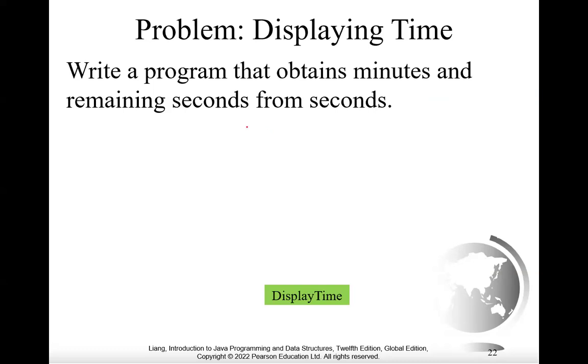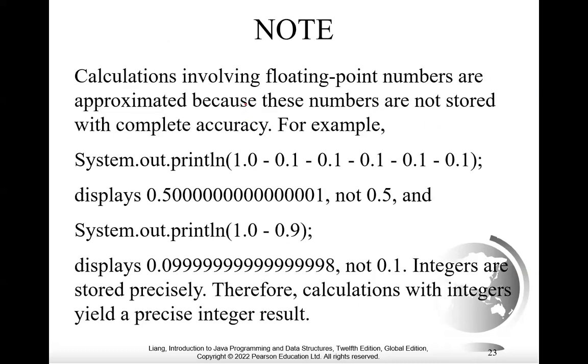Okay, I don't need to explain remainder anymore because I believe that you still remember it from C. This also you know from C, the approximate nature of floating point.